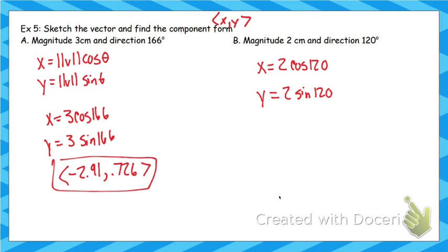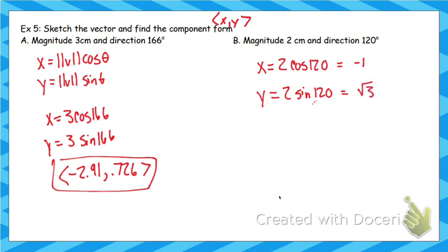So 2 cosine 120, if I plug that in, I would get negative 1. Or if I just use my trig values, cosine of 120 would be the x-coordinate at 120, which is negative 1/2. Sine of 120 would be root 3 over 2. Or again, plug the whole thing in, and you get square root of 3.